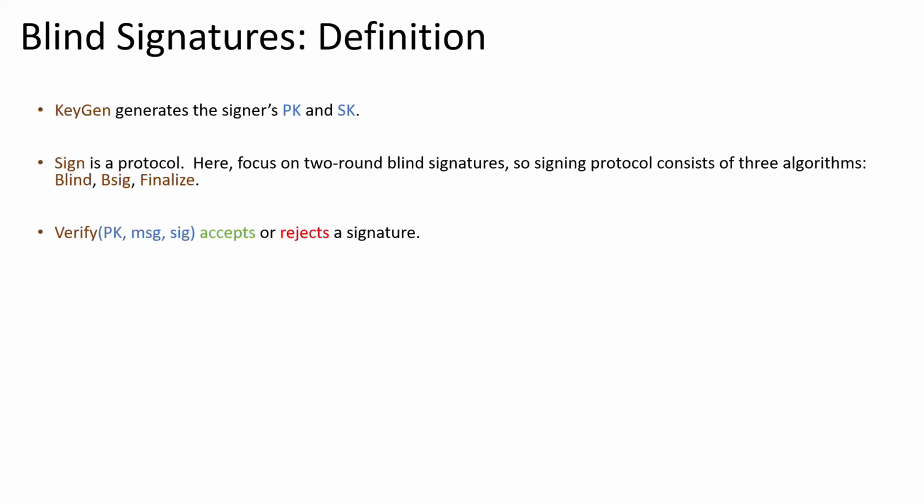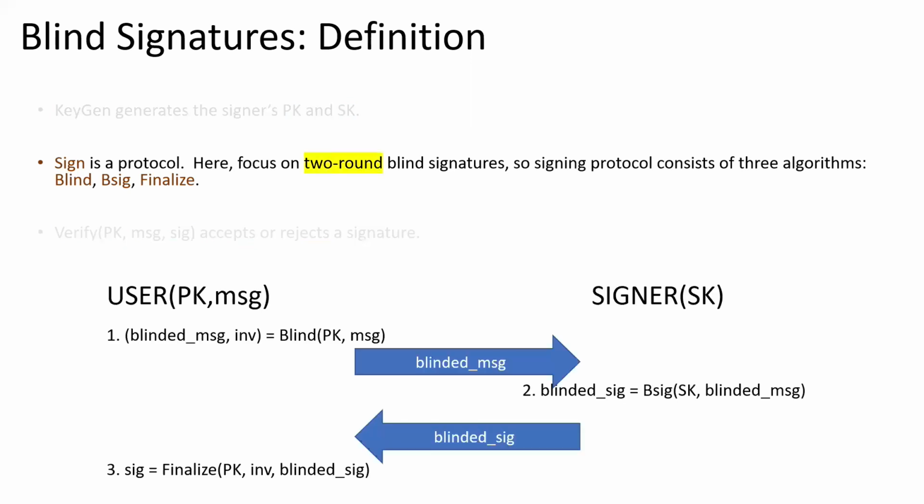Okay, so what's the definition of a blind signature? As I said, you have a key generation, a signing protocol, and a verification algorithm. Key generation and verification are the same as in a regular signature. For the signing protocol, here we will focus on just the two-round structure. If we're willing to only consider two rounds, then the definition looks like this.